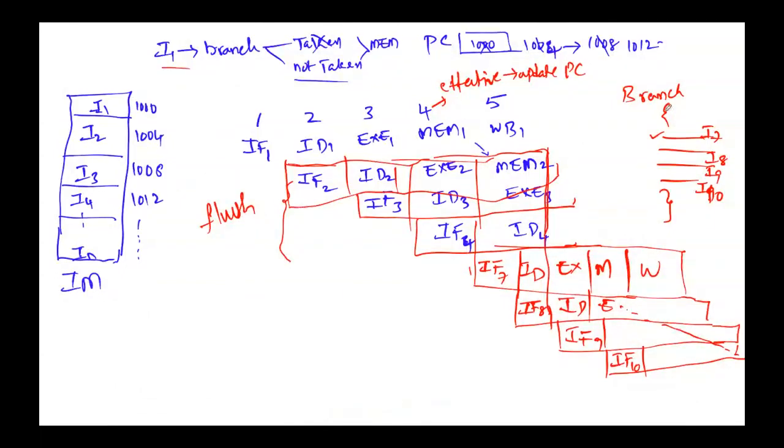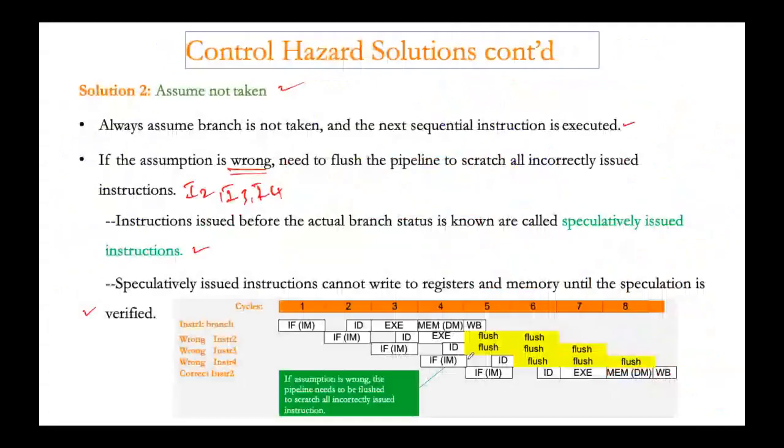If it is not taken, then the next independent instructions, instruction 2, instruction 3, instruction 4, will be executed sequentially. Instruction 2 fetching will be done, then instruction 3 fetching, then instruction 4 fetching. So this process continues. This is one solution, assume not taken.